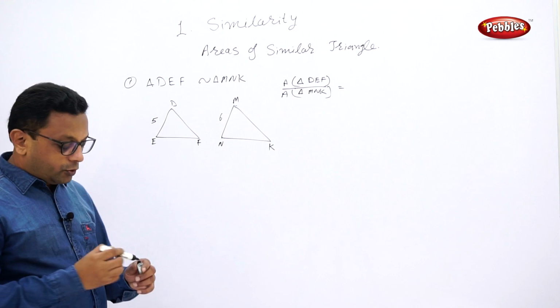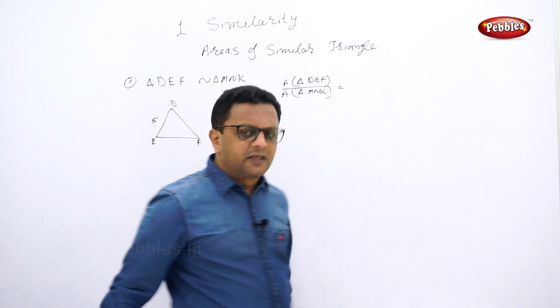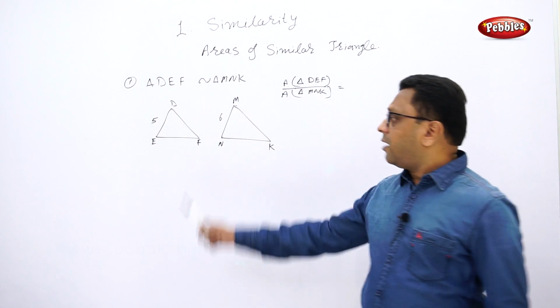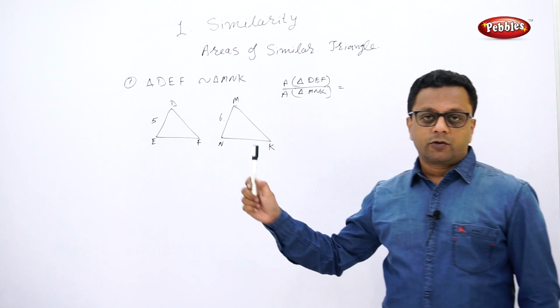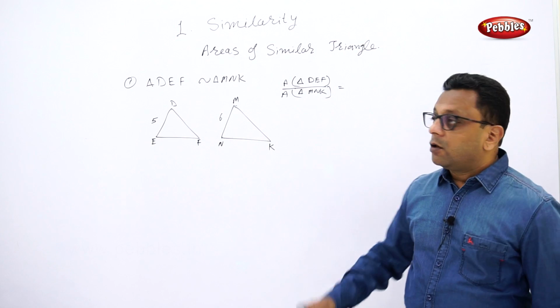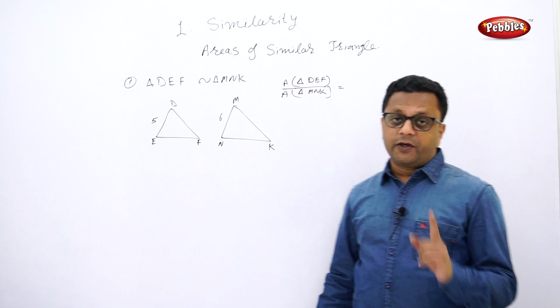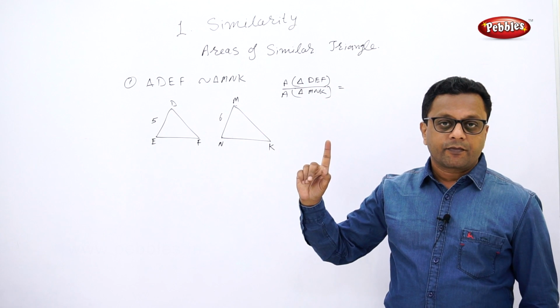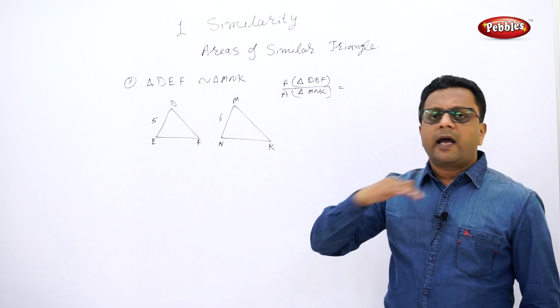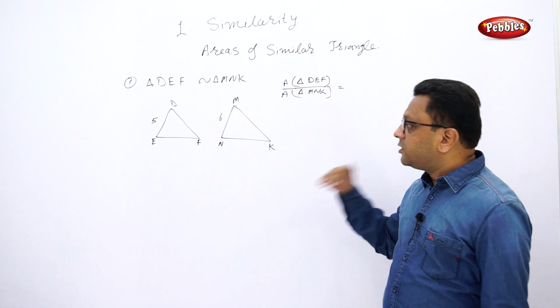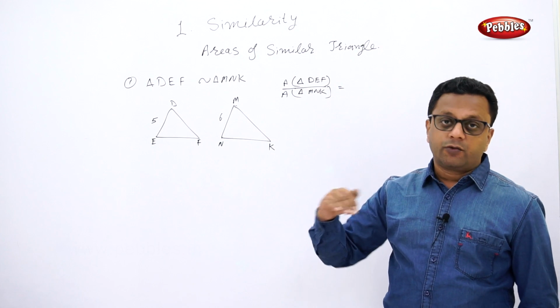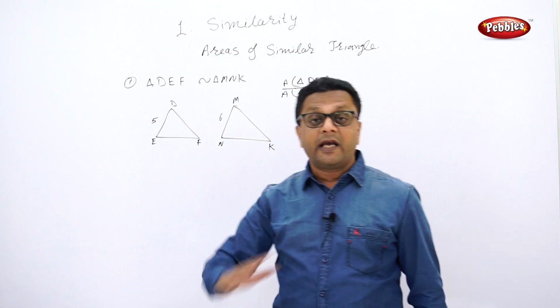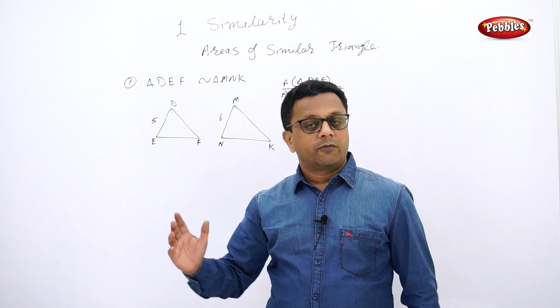Now as I told you, the example is extremely simple, still I have drawn the figure. So this is my advice to you: don't try to avoid the figures even in case of such a simple example. Okay, because it's a habit. If you develop this habit of drawing the figures, then you will never miss any given from the papers.